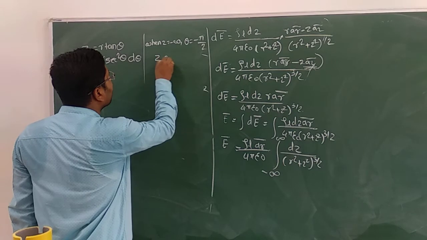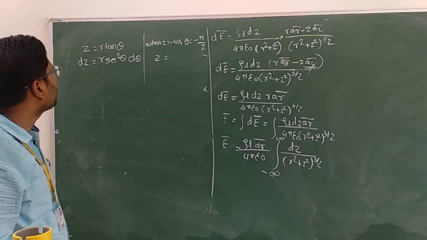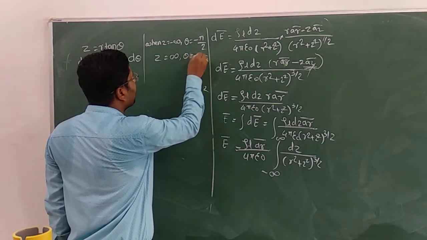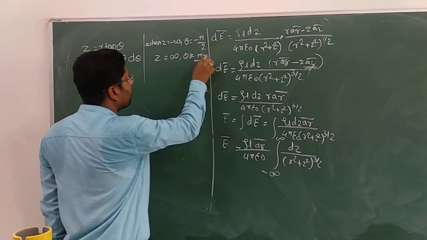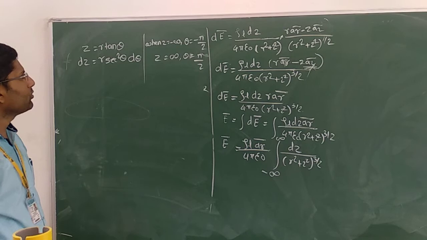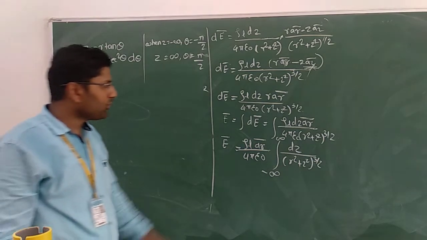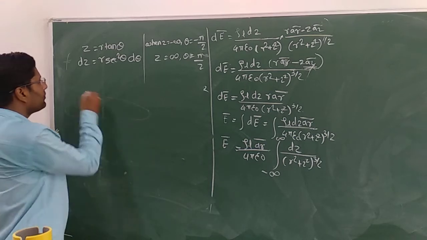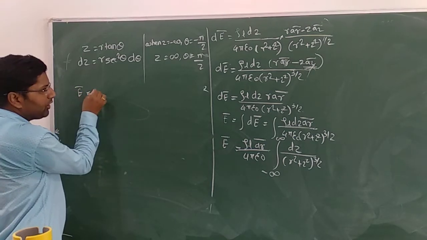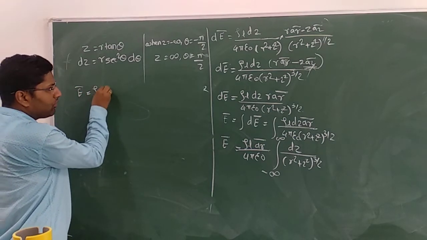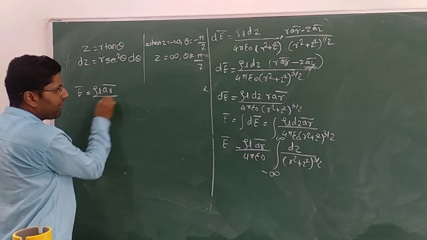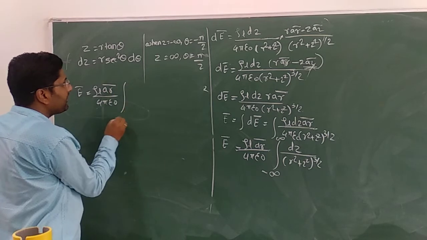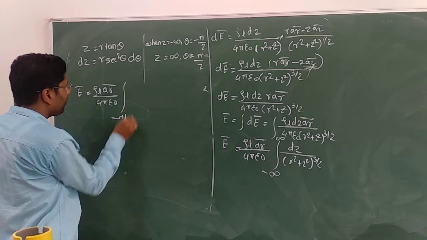When Z is equal to infinity, theta will be pi by 2. You can check it by doing the calculation. Now put these limits inside this. So E bar is equal to rho L aR bar divided by 4 pi epsilon 0, with limits from minus pi by 2 to plus pi by 2.